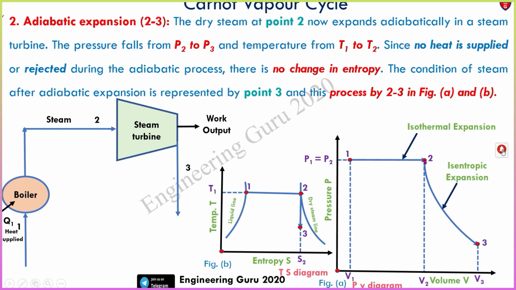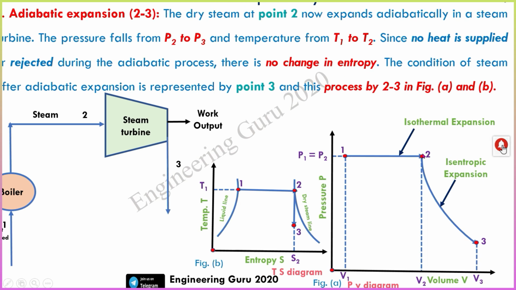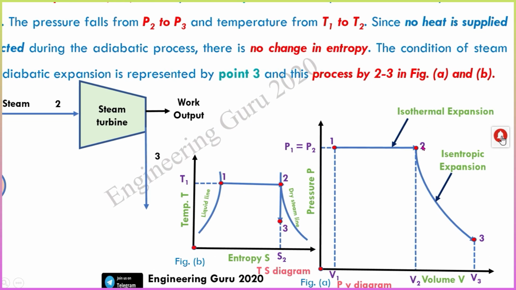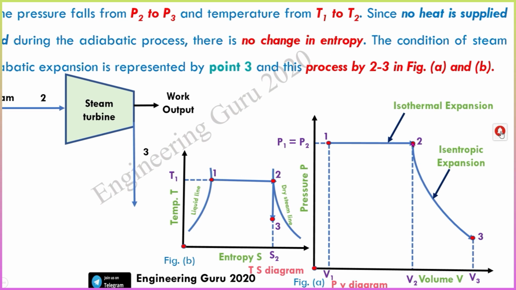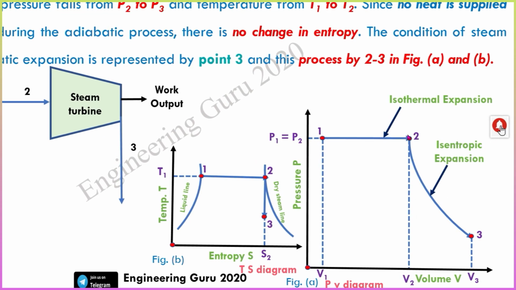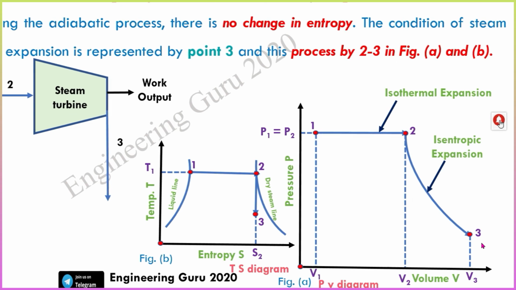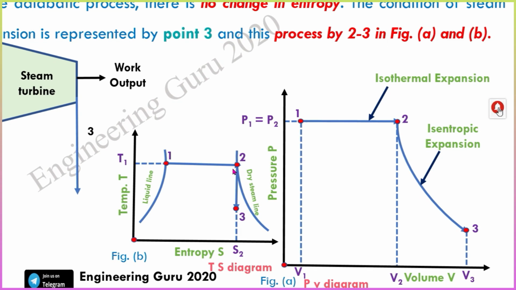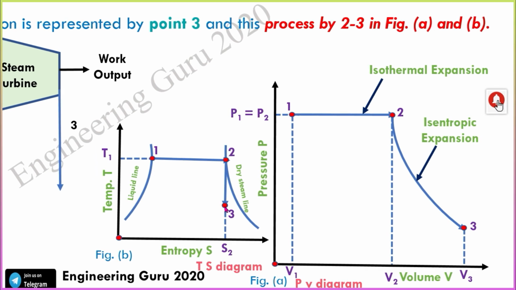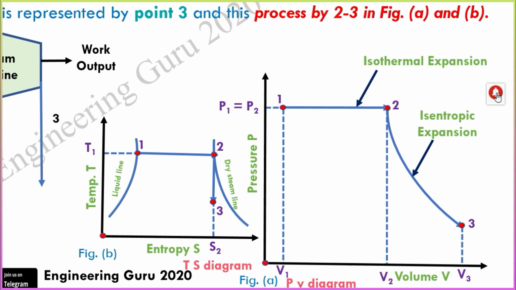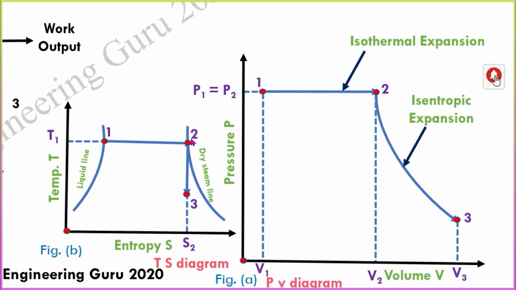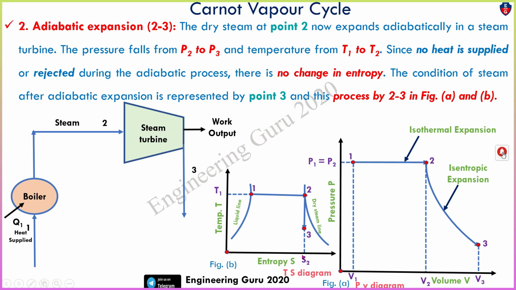Now understand, this is point 2 in the PV diagram and point 3. We observe that the pressure falls from point 2 to 3, meaning P2 to P3. Same in the TS diagram: this is point 2 and this is point 3. The temperature falls from T1 to T2, and there is no change in entropy.